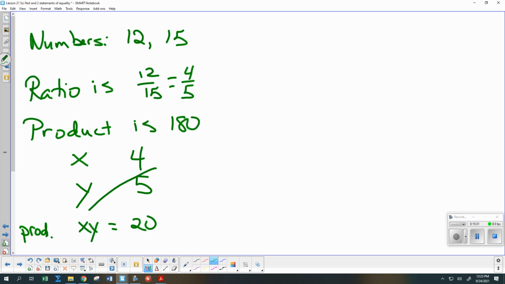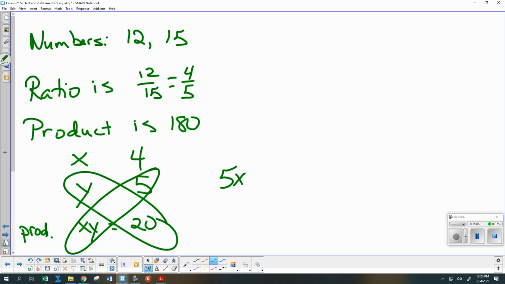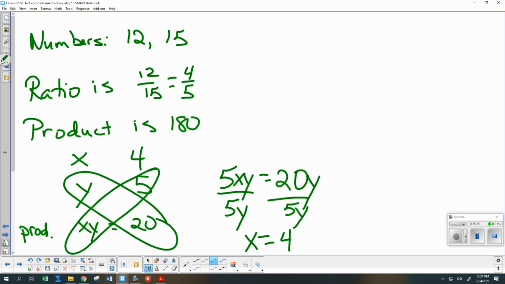So maybe you use these two rows first, and you say 5xy is 20y, and then you try to divide both sides by 5y. Well, as long as y isn't 0, I can do that. But then you get that x is 4, but it's really supposed to be 12.